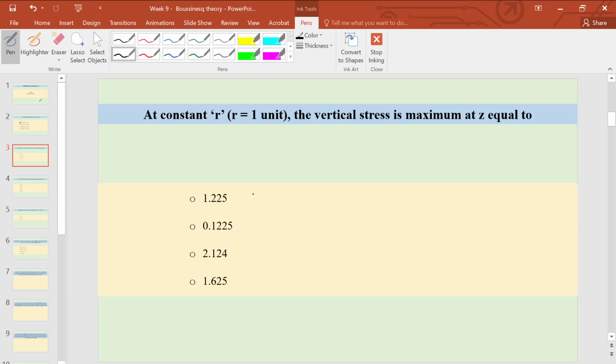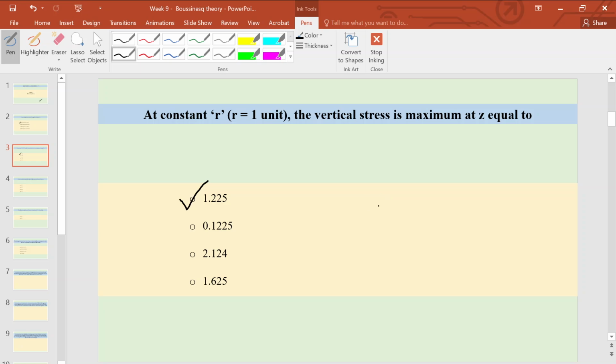Yes, 1.224. Option number is 1.225. Because of rounding off, it has changed. How do you get 1.224 or 1.225?